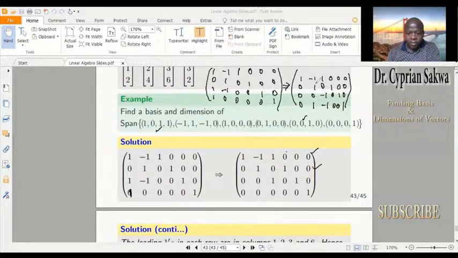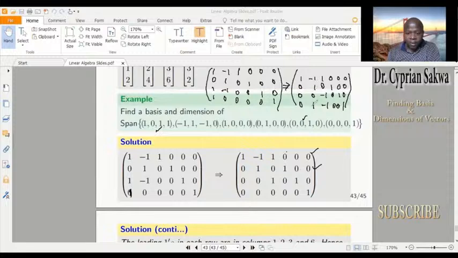And the third row remains where it is, because we already have a 0 here. So I would have negative 1, 0, negative 1, 0, 1, and that.